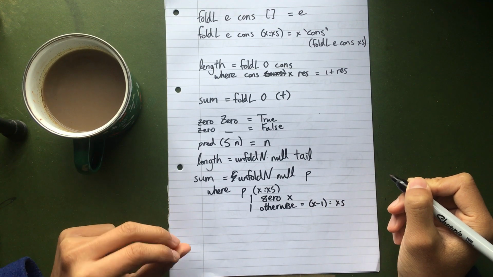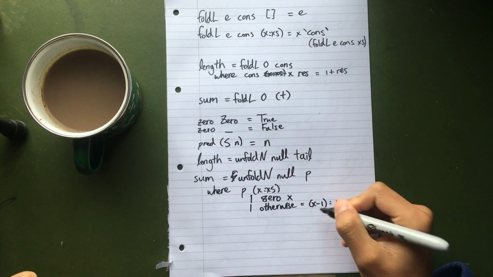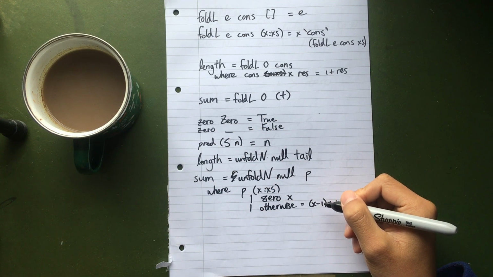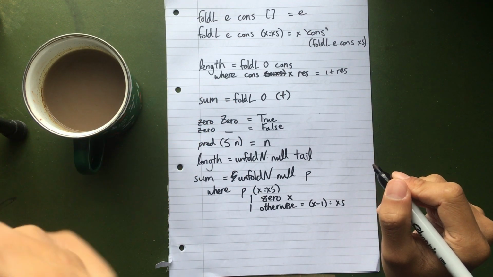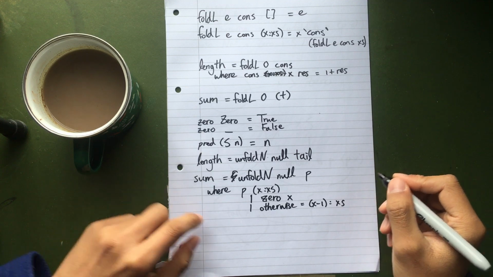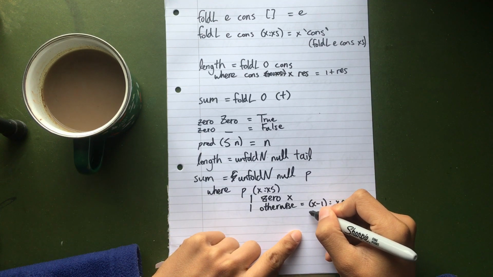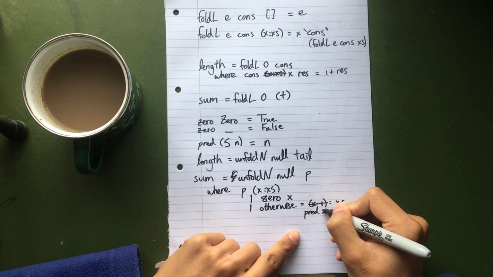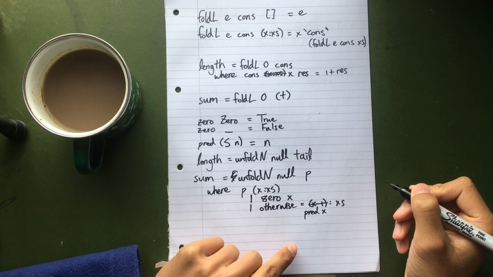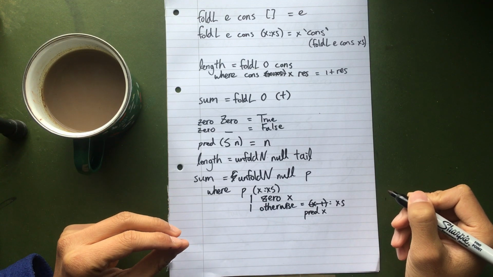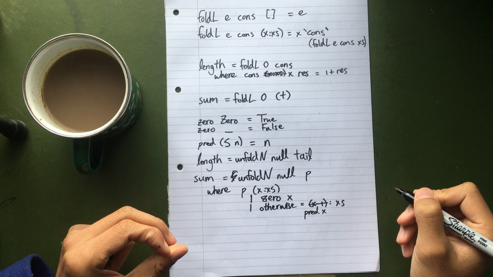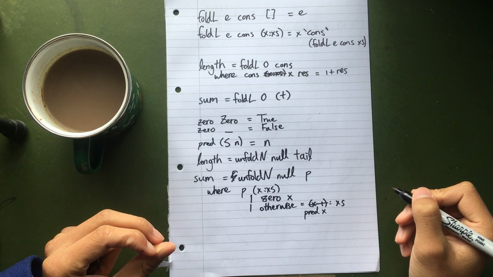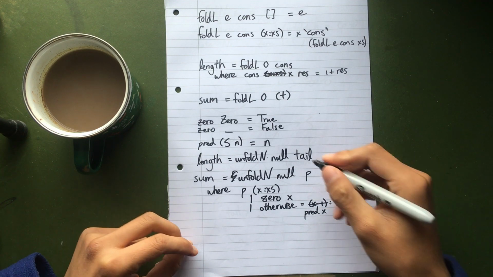So it's like in our sum, we've added 1 to our sum. So now the remaining thing we have to sum over is going to have the first element subtracted by 1. Or rather than x minus 1, maybe what I mean is pred x. It's the same thing, but with the way I define natural numbers, we haven't really defined minus yet, so it's a bit clearer if I use pred.